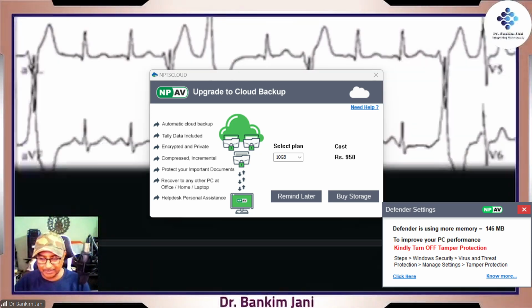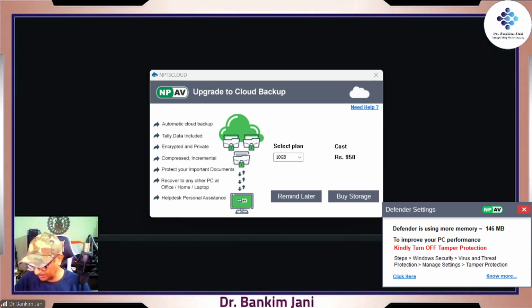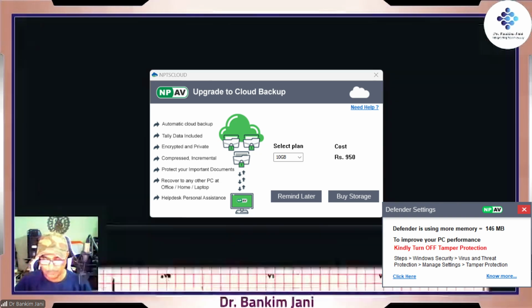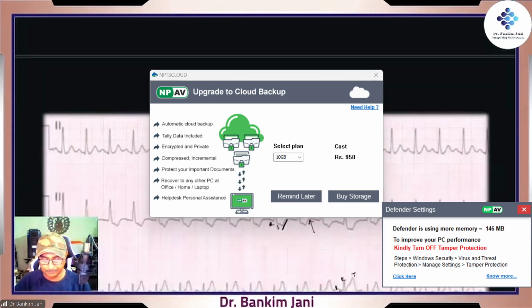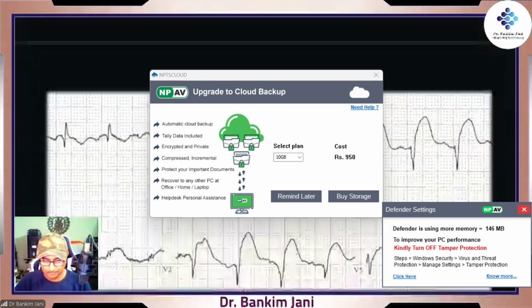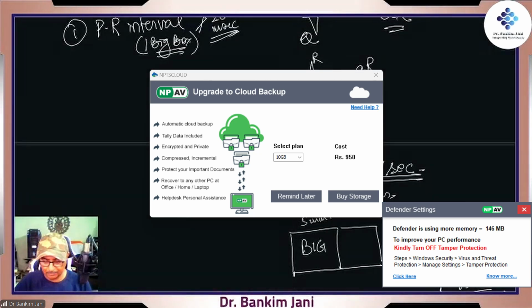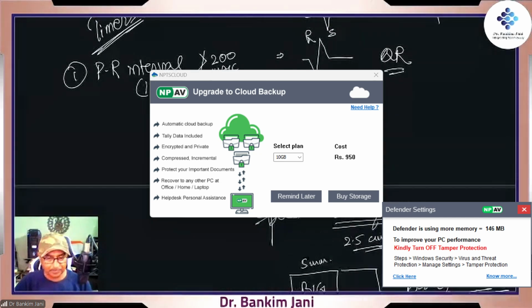The next one is the USMLE question. This PR interval should not be more than 200. The second was the QRS.